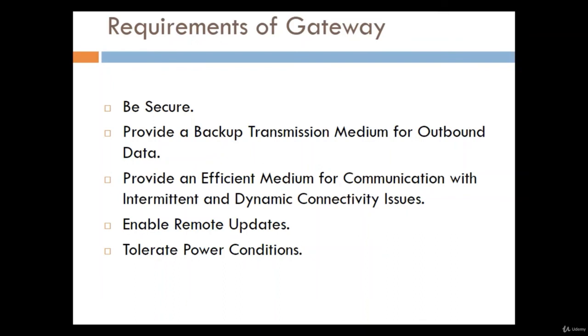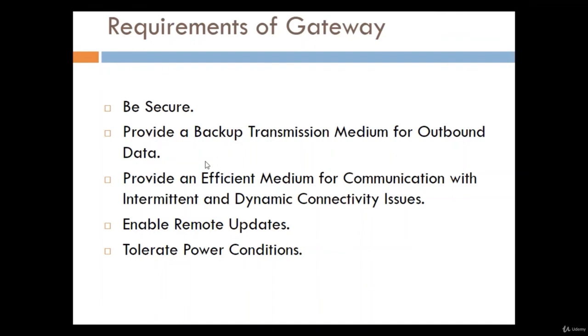So the security issues on a gateway are very high, and it should have a couple of mechanisms by which it can transfer the data. That is, if the first mechanism fails or the communication link is broken, then it should be able to transfer the data to the cloud using an alternative communication protocol, so that the information reaches the cloud from all these sensor nodes very easily.